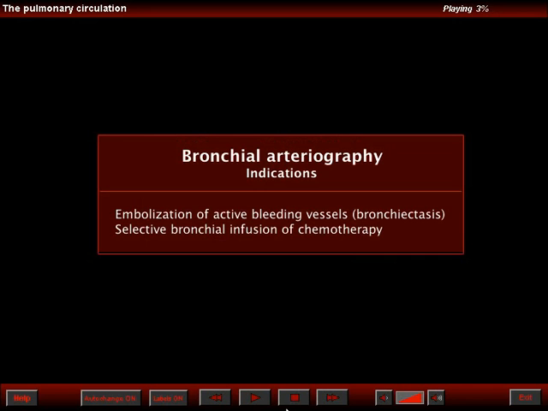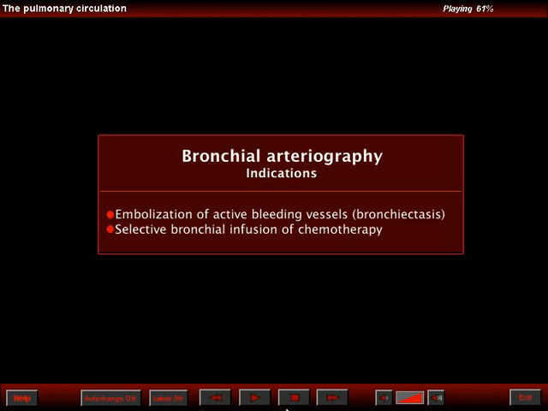Selective bronchial arteriography is utilized not so much for diagnosis as for treatment. In patients that have active bleeding, we can embolize the bronchial artery supplying the area of bleeding. This particularly is helpful in patients with bilateral bronchiectasis. Secondarily, the bronchial arteriographic examination can be employed for the treatment of bronchial cancers.